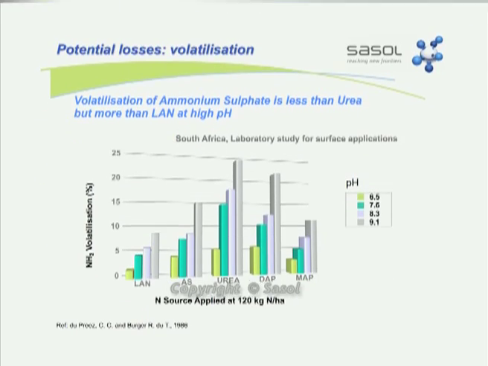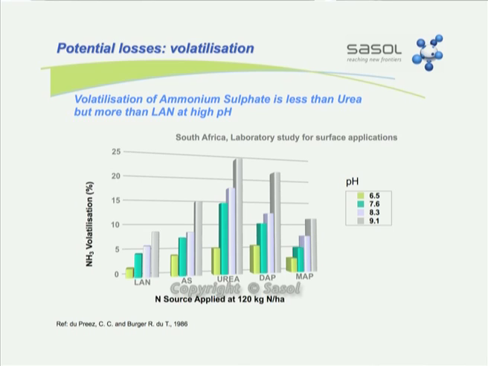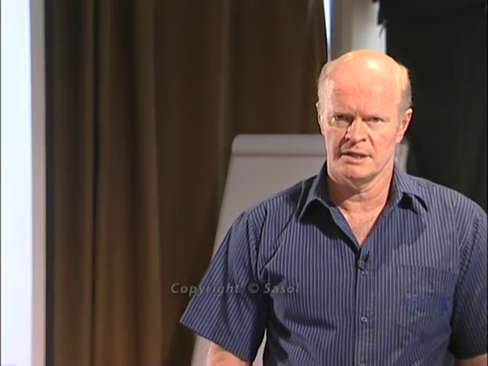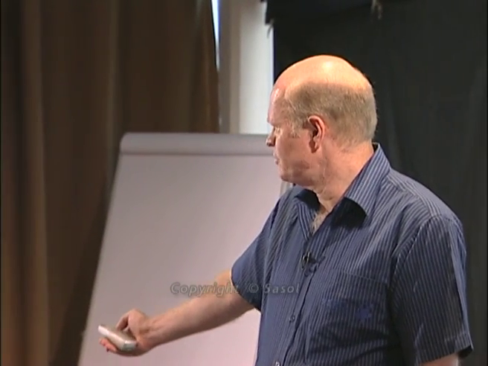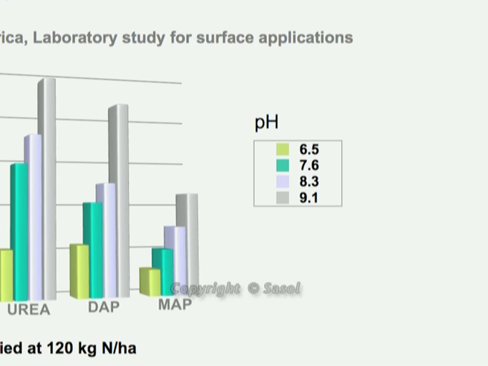This slide is also about volatilization losses, but at different pHs. The effect of pH on volatilization is rather important, as you can see in this slide. We have pHs ranging from 6.5, that's a water pH, to 9.1.